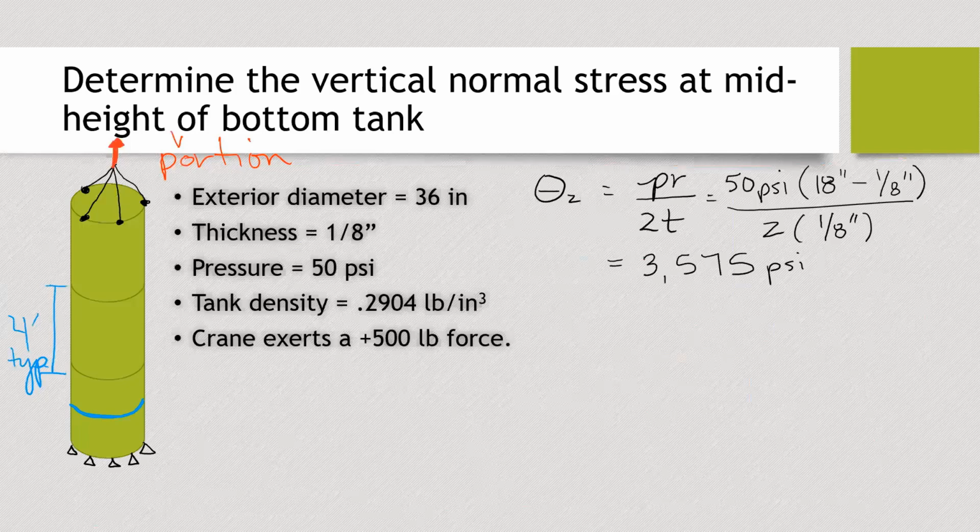The normal stress due to the weight of the tank is going to be force over area. The force is going to be the density, 0.2904 pounds per inch cubed, multiplied by the volume of the tank.